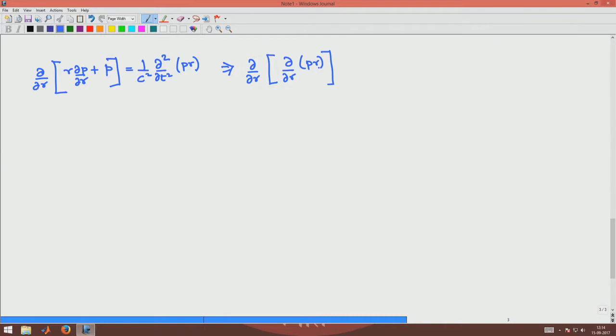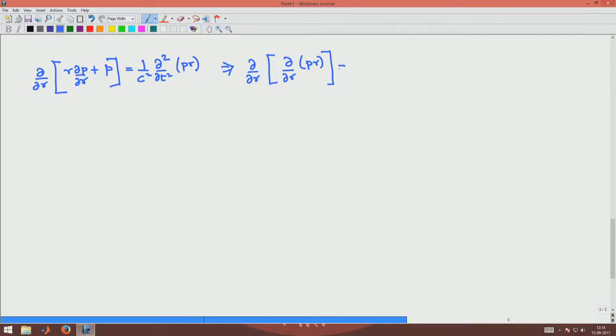Again, this is a product of two quantities p and r. When you take the differentiation with respect to r, the first quantity you will get is r times ∂p/∂r, and the second quantity you will get is p times the derivative of r with respect to r, which is unity, which is exactly what is shown in the previous step. So, this simplification should also be justified to you.